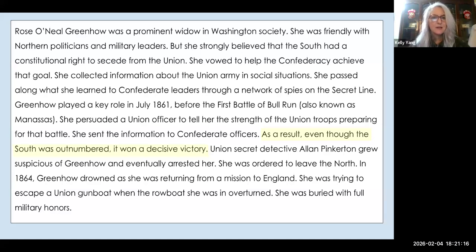So we already had decisive. That was our morphologically complex word. But if you look at the next page, we can just look at that sentence. As a result, even though the South was outnumbered, it won a decisive victory. This is a tricky sentence because as I was reading it, I was like, well, as a result is telling me why.